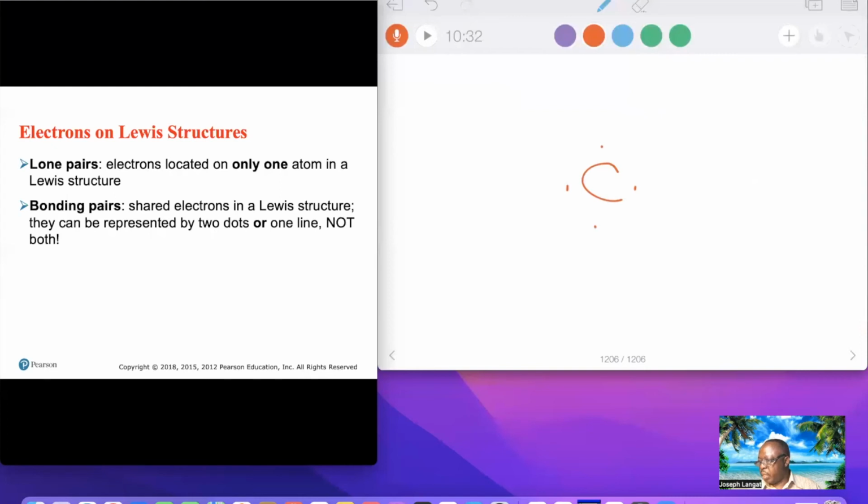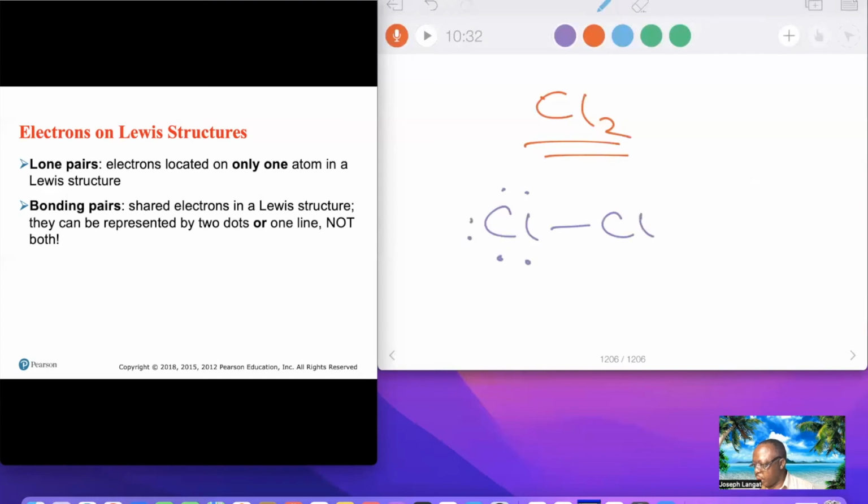In the case of chlorine, for example, chlorine gas, let's say Cl2 gas, we have Cl, and then here, this is where we call bonding.